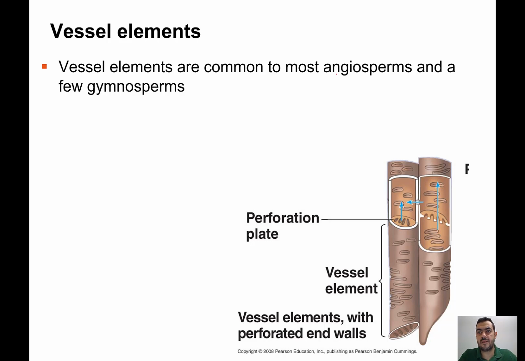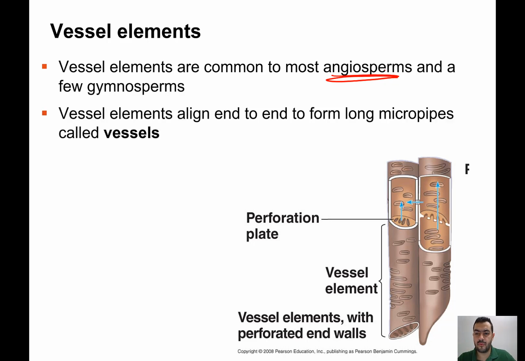That means that the angiosperms usually contain both tracheids and vessel elements. The vessel elements are larger, wider tubes that allow more passage of water and minerals, and they are stacked on top of each other.